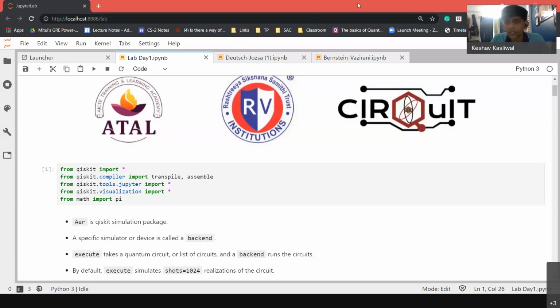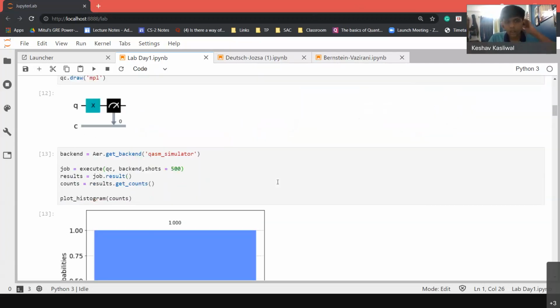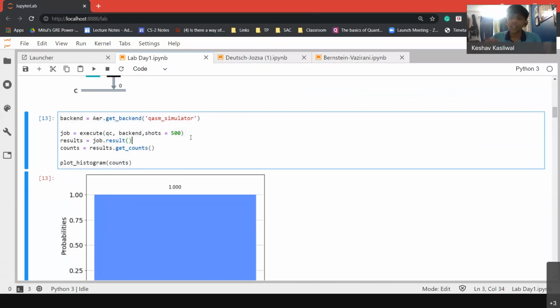So I see a question in the chat as well. Are shots and counts different? No. Shots is the number of times we execute the circuit. How do I explain this? Let's say we have a gun, and we shoot a particular target.